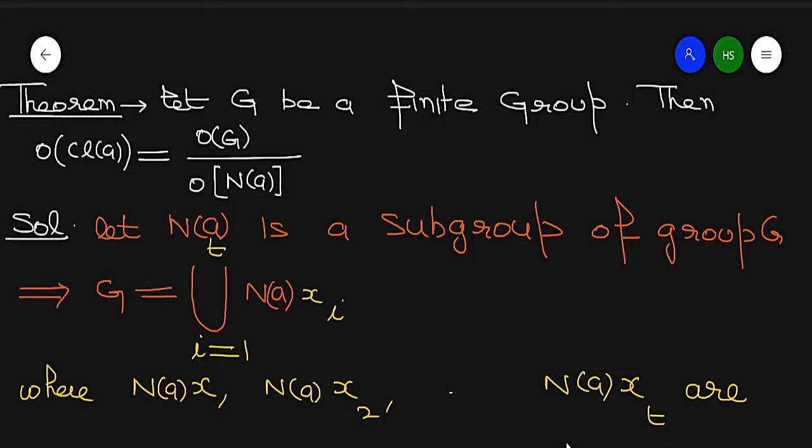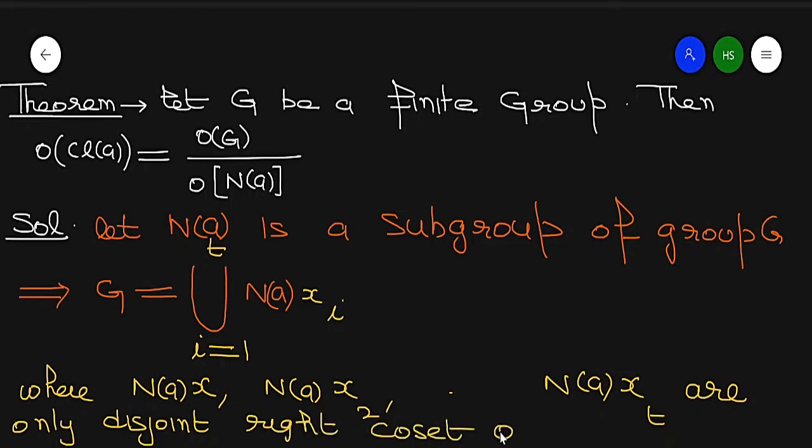These are only distinct, disjoint right cosets of N(A) in G. Remember that.